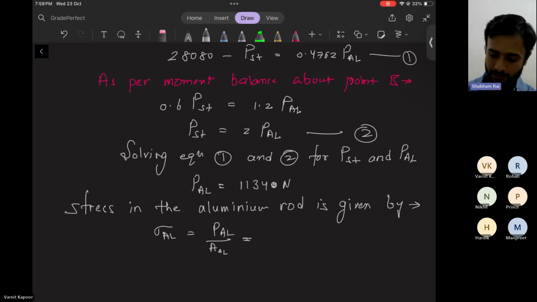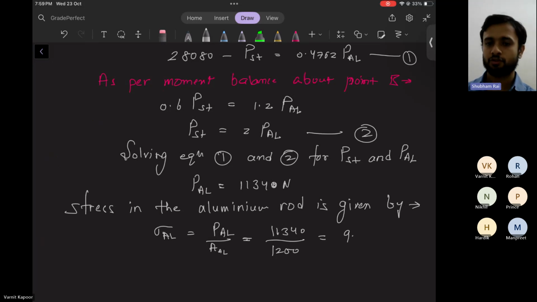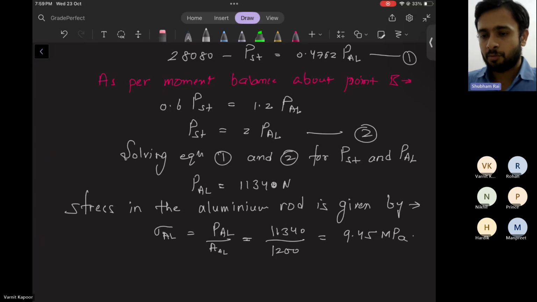So it was 1200, so 11340 divided by 1200. Finally, you'll get, in megapascal because it is Newton per mm square, which is megapascal, 9.45 megapascal. So this much amount of stress will be developed in aluminum.